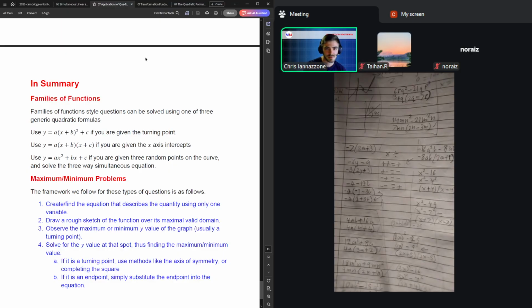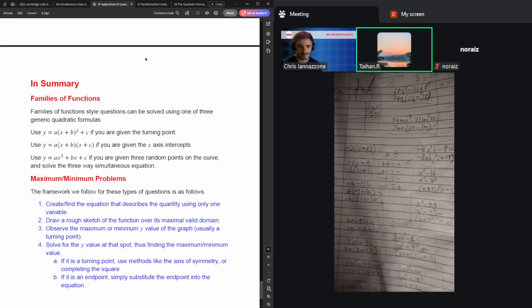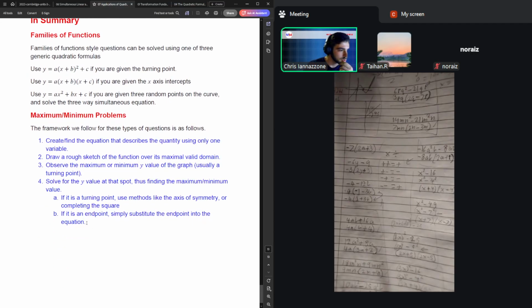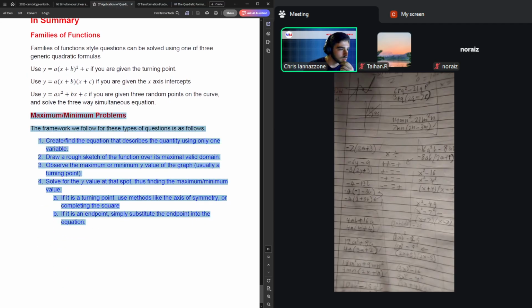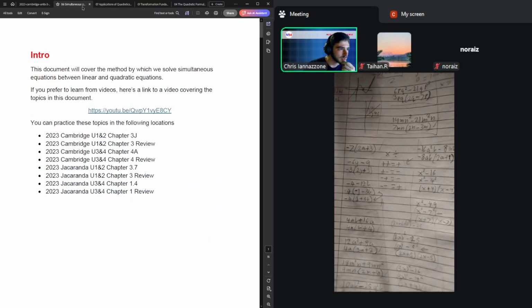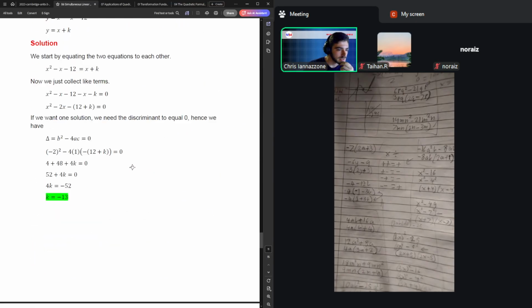Happy to do either. I think practice would be good. Practicing? Yeah, sure. Okay, there were a few specific things in there. The most common by far is going to be the maximum or minimum style problems. Was there anything else in there you want to hone in on instead?